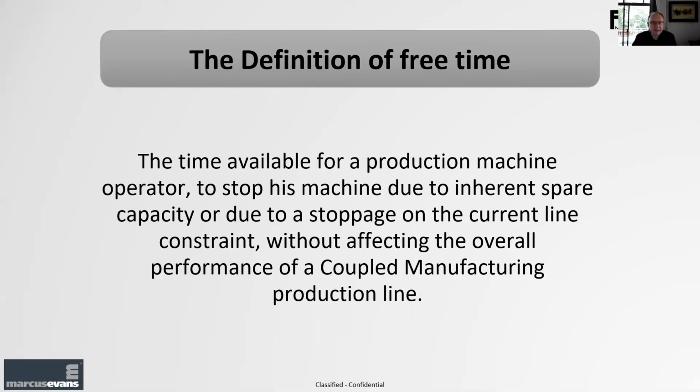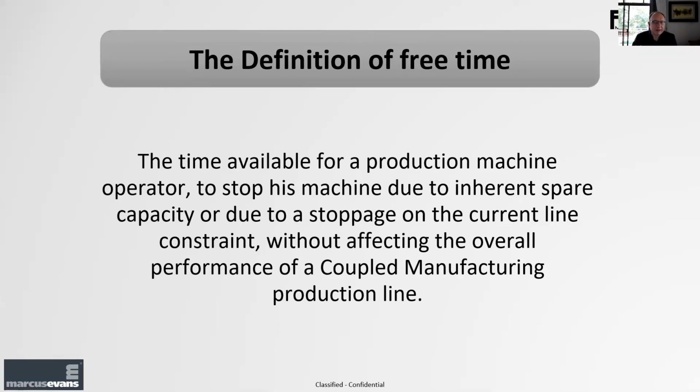One is, as I said, the free time comes from over-design. Machines are running twice as fast as they should be to keep up with the bottleneck machine. So this machine runs and stops and runs and stops. There's a lot of accumulation in between. If you do the calculations right, you will know exactly how long you can switch this machine off and exactly when you need to switch it on for it to catch up and not stop the bottleneck. So that's the first type of free time.